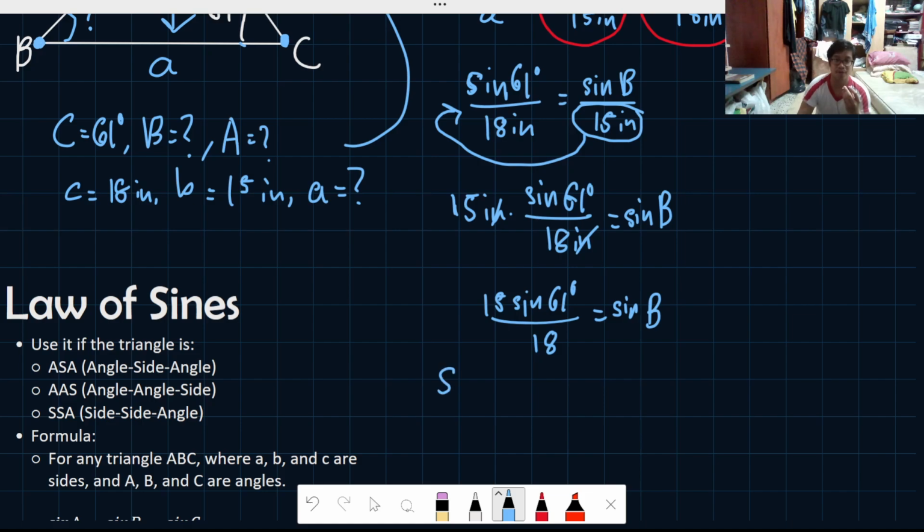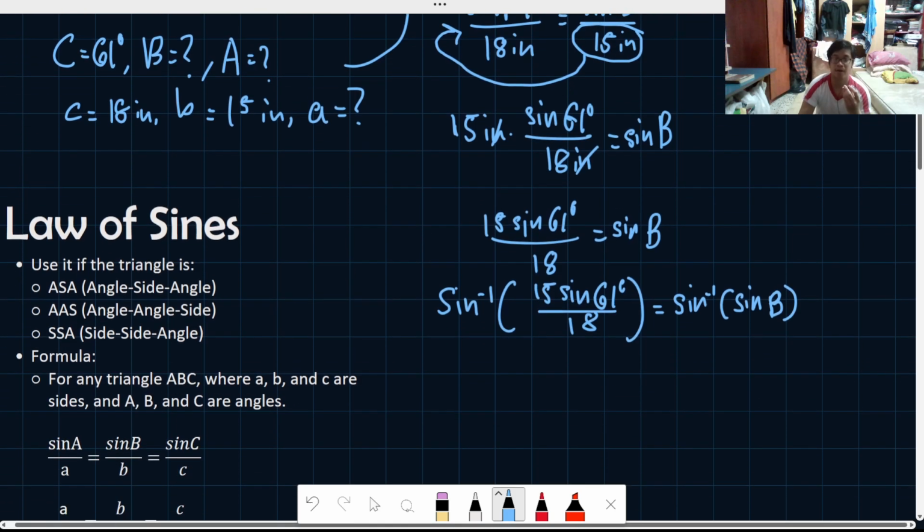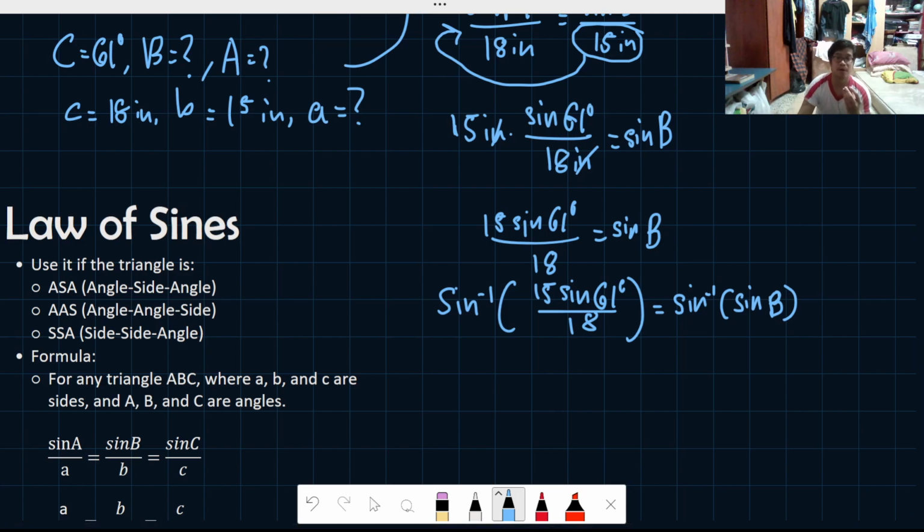So we will have inverse sine of 15 sine of 61 degrees all over 18 is equal to inverse sine of sine B. Because we put inverse sine on both sides, if you have inverse sine of sine, or sine of inverse sine of B, it doesn't matter which one goes first, they will be cancelled.